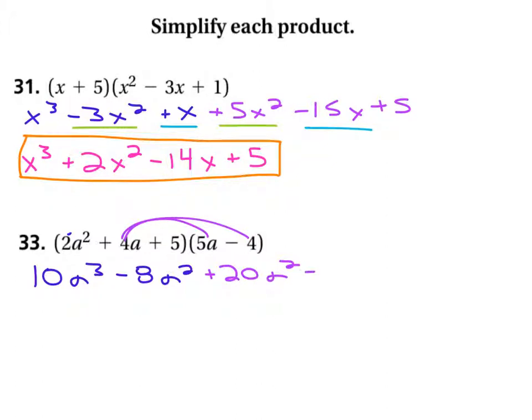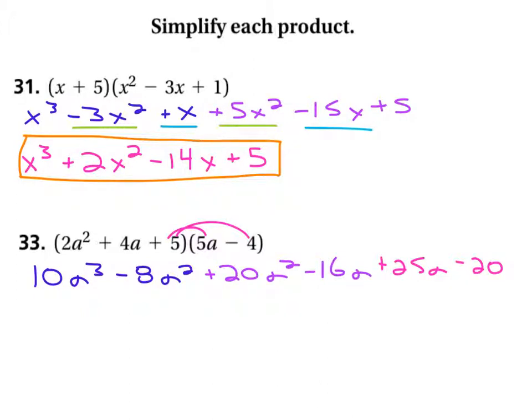And then 4a times negative 4 is negative 16a. Then we will erase those marks and do it from the 5. 5 times 5a is 25a, and 5 times negative 4 is negative 20.